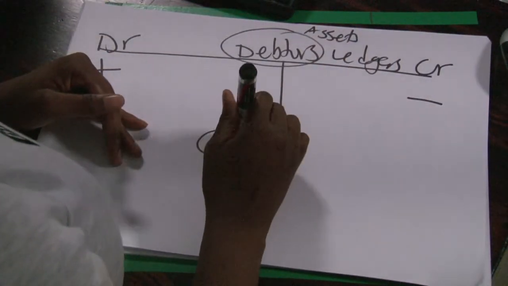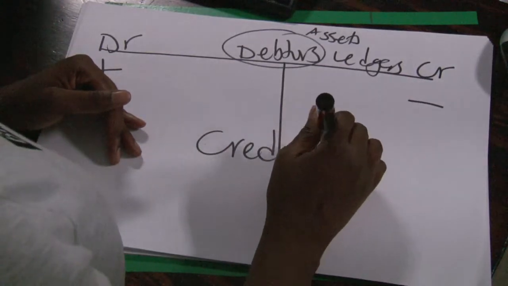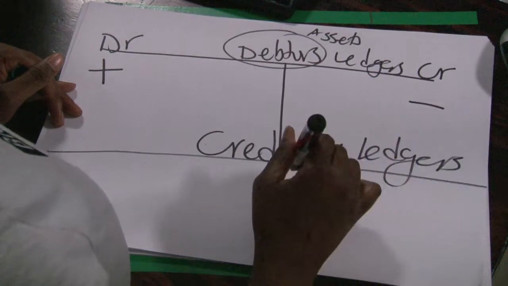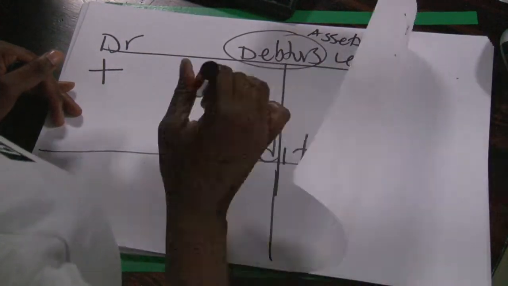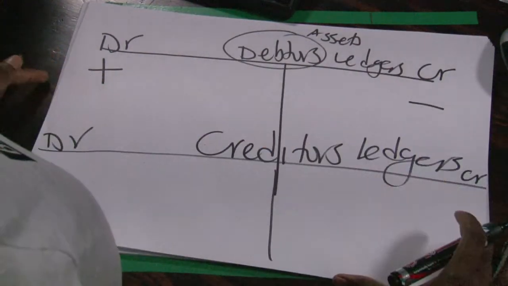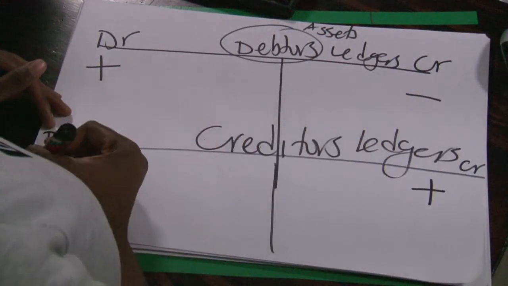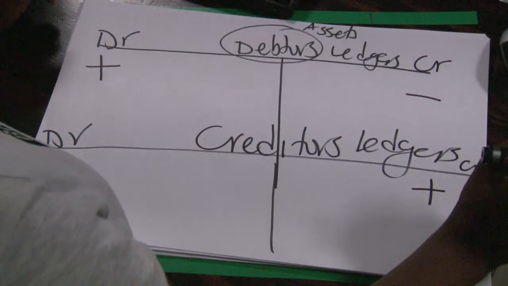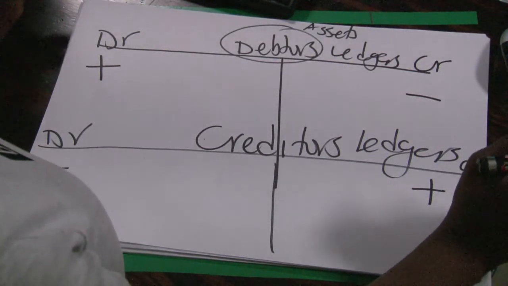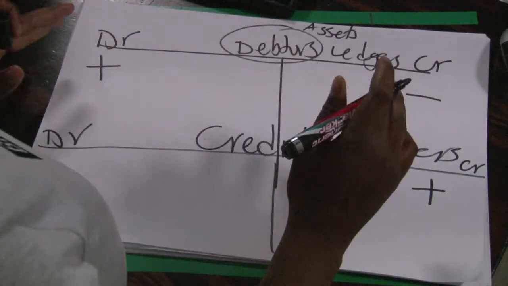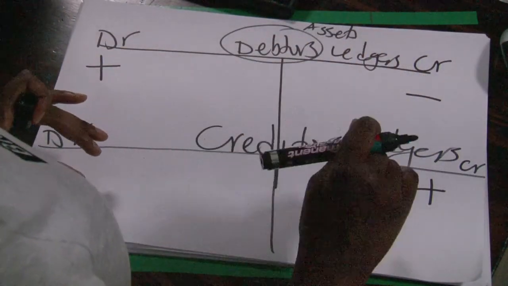If you are doing the creditors ledger, creditors are liabilities because these are people that we owe money. So therefore, creditors increase on the credit side and they decrease on the debit side. So you should just know how to post your information. This is what we talk about when we say posting.